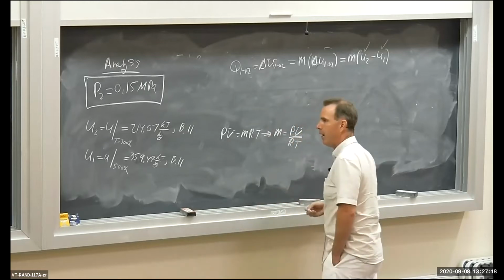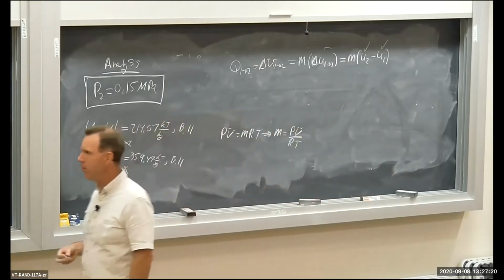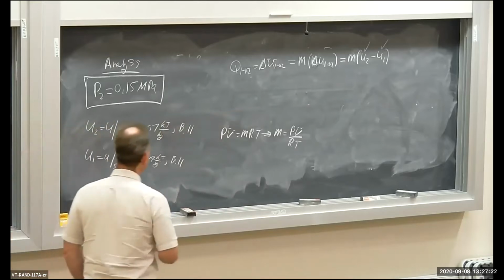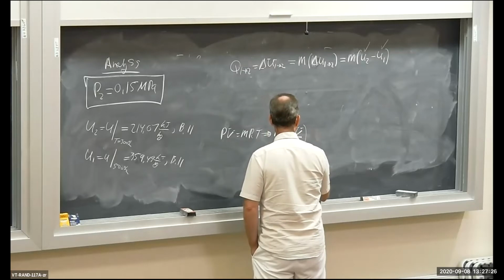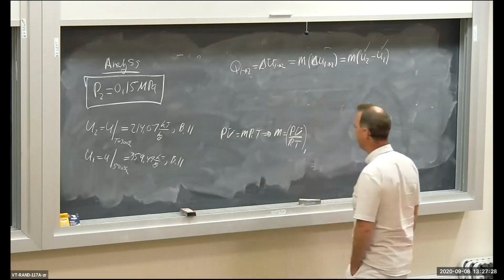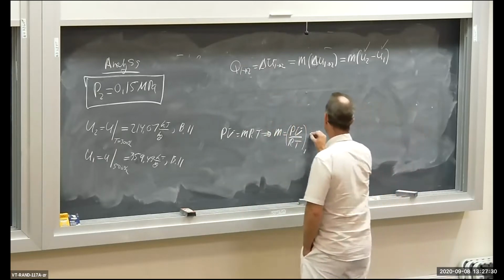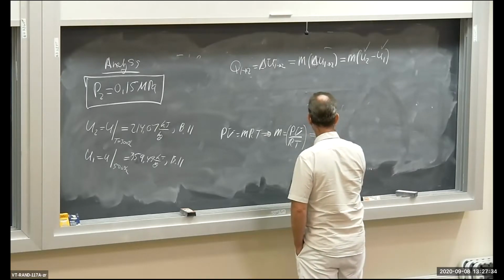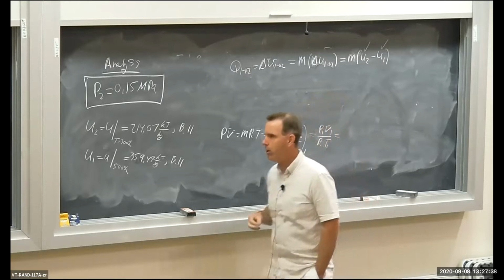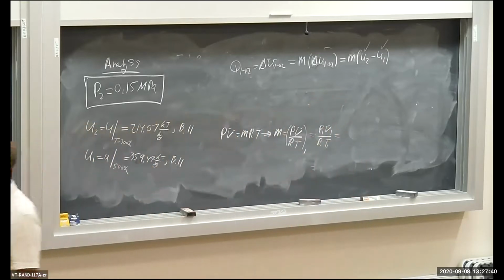Now I have the pressure and the volume, so let's evaluate this at state 1. That's equal to P1 V1 over R T1.